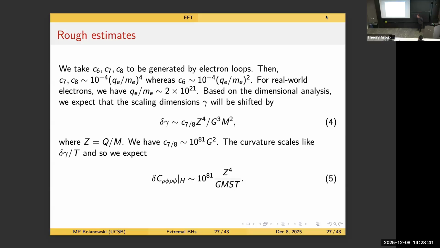So maybe a way to say it is that this is a small effect, but it works for a very long time because you have a very long radius to float. And this amplifies these higher curvature corrections. Somehow the statement is that Kerr-Newman is not classical and cannot be reliably studied classically.